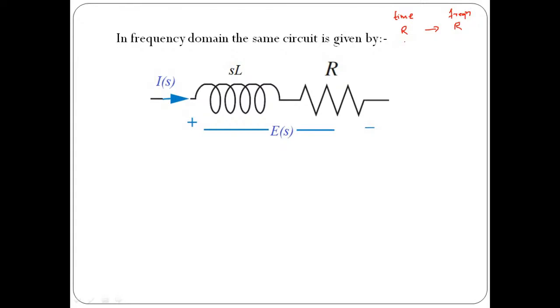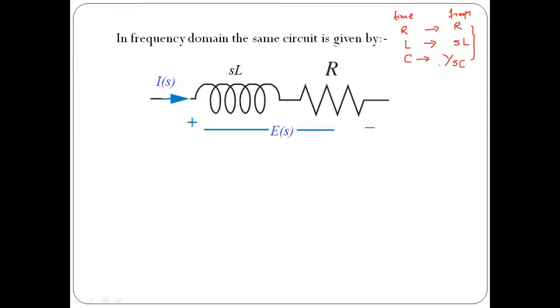But in case of an inductor, if it is available in time domain, we can represent that in frequency as S into L. In the same way, if we have a capacitor, we can represent this as 1 upon S into C. So these conversions you have to remember: in time domain we have R, L, C, and in frequency they are going to be R, SL, or 1 upon SC.